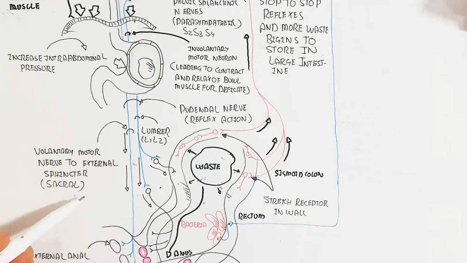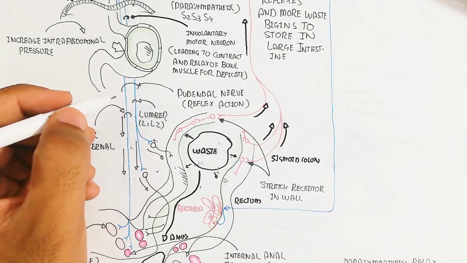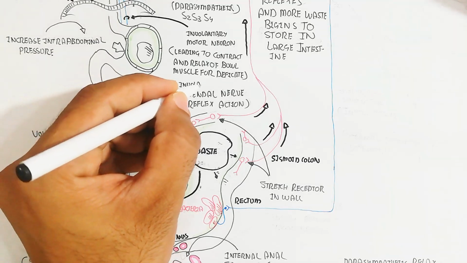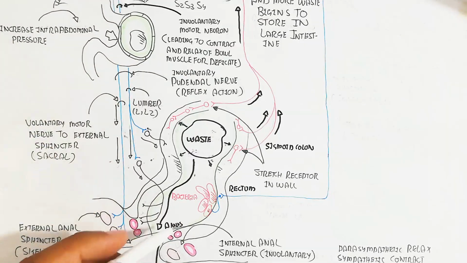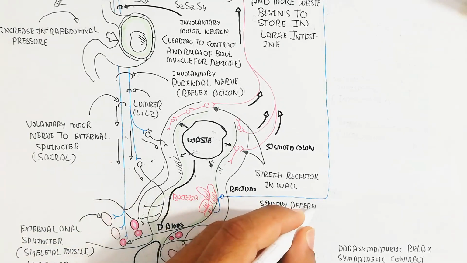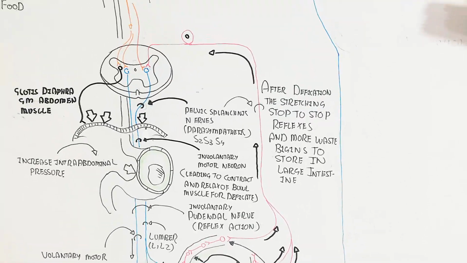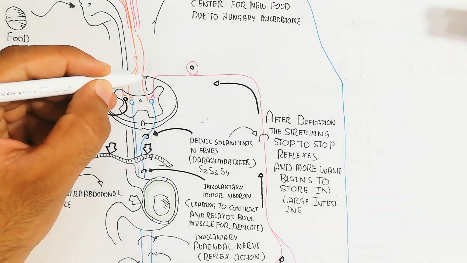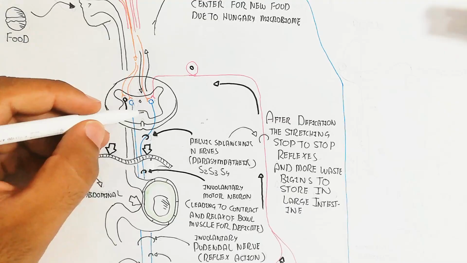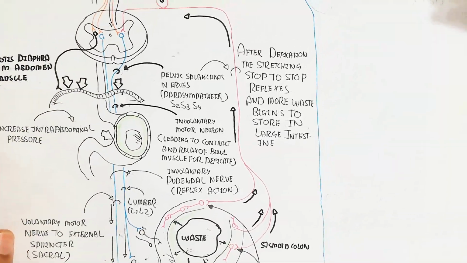I hope this makes sense. The internal sphincter muscle is controlled by the pelvic splanchnic nerve, the parasympathetic, while the voluntary motor nerve to the external sphincter muscle comes from the sacral region. Remember sacral 2, 3 and 4.